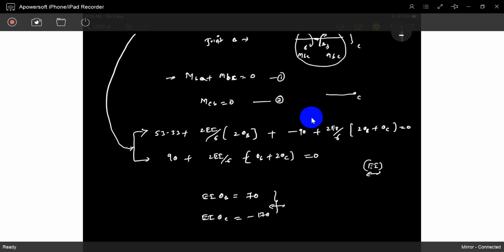Now you can observe that theta B is clockwise, so positive, and theta C is anti-clockwise. Just solve it. No need to ask, sir, how can you solve it? Because these are two equations and two unknowns. First write one in terms of the other, and then you can solve it.